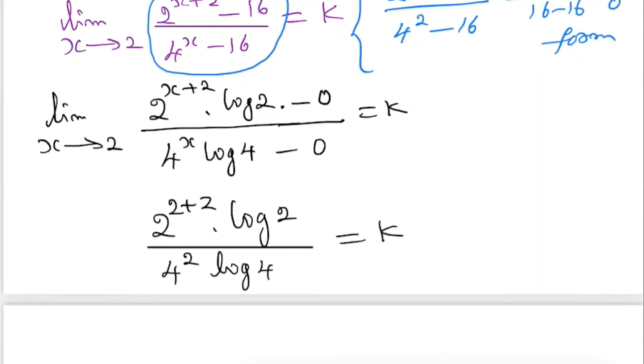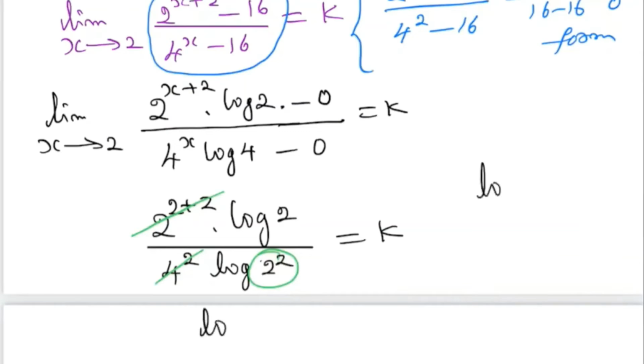So here 2 power 4, that is 16. 4 square 16 get cancelled. Further you can write this log of 4 as log of 2 square, and the power 2 comes out.